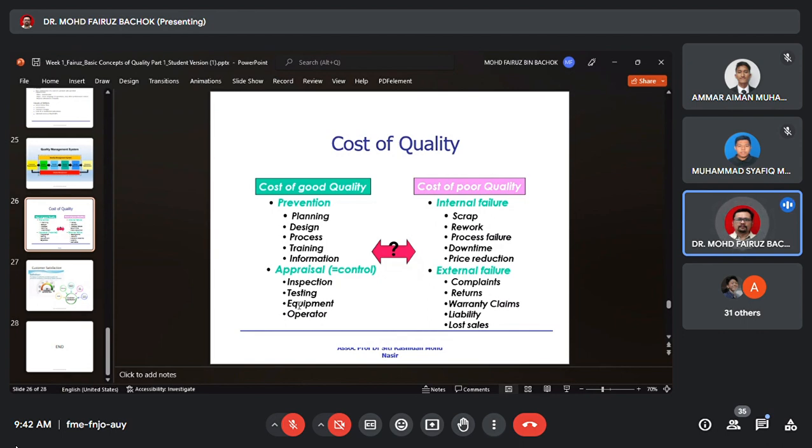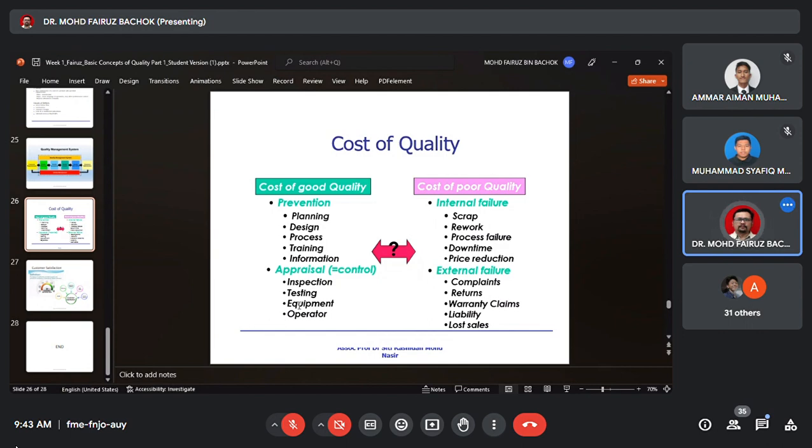They will return your products, which will increase your inventory, so you don't know where to put the returned products. There are also warranty claims, where you need to pay money for the claim. It becomes your liability because of your bad reputation and image, and of course it will cause loss of sales, and then affect your profits.